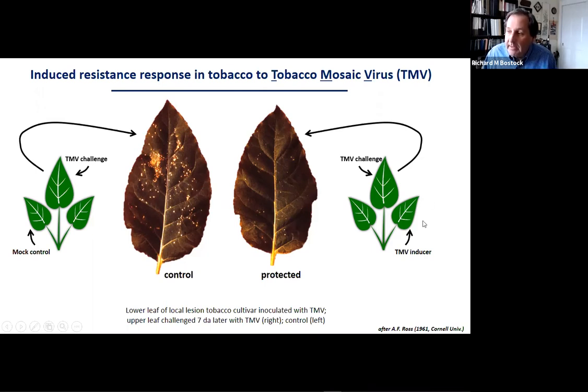But the prior inoculation, this protecting inoculation, protects the upper leaves against TMV.